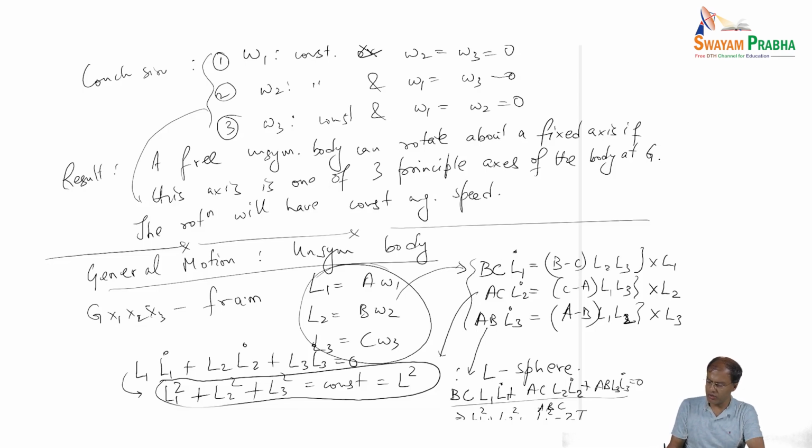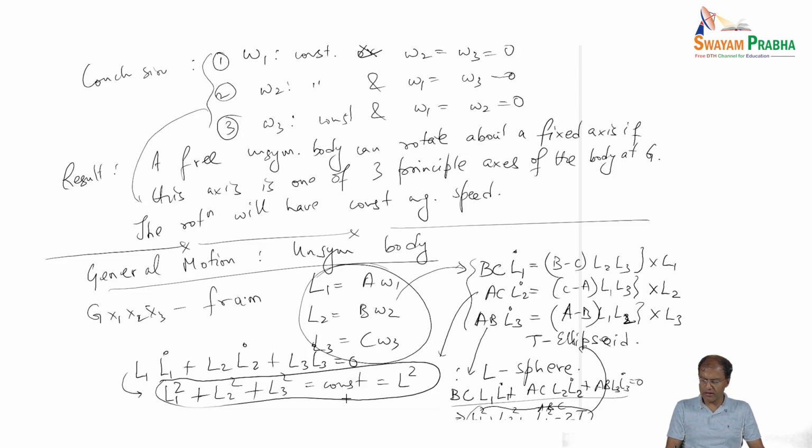Let me call this 2T. These are the components of momentum divided by the moment of inertia. So this is our equation of an ellipse, and momentum divided by moment of inertia is the kinetic energy. So this is the T ellipse, or the kinetic energy ellipsoid.